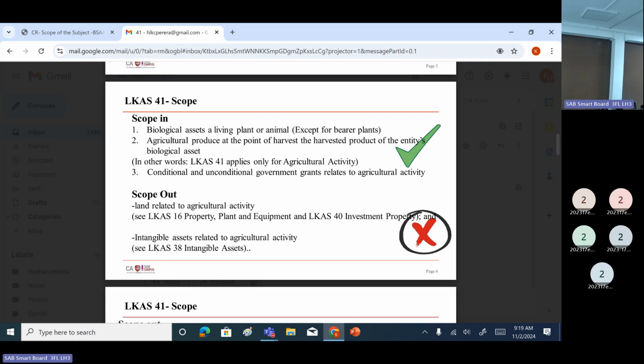We have already discussed this earlier. Bearer plant is the area we consider under LKAS 16. Bearer plant is the area we have highlighted here, except for bearer plants. So you are going to study what you mean by a bearer plant and a consumable plant.